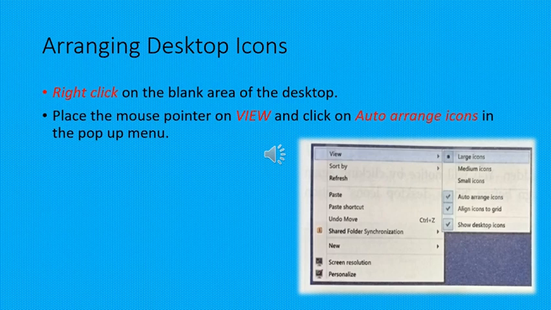Then you can see a pop-up menu. Okay, then the first option is view. Place the mouse pointer on view and click on auto arrange icons in the pop-up menu. Then the desktop icons will be automatically arranged properly.